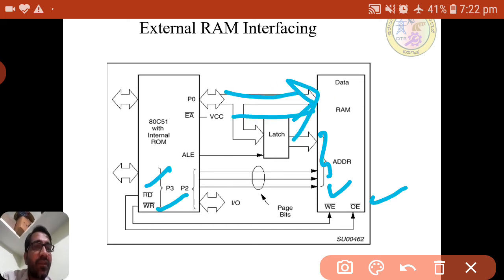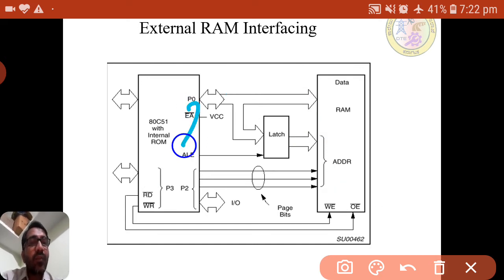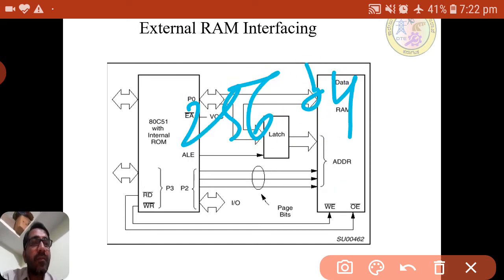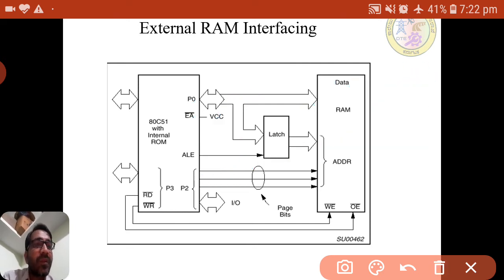P0 is enough. If you are interfacing with more than 256 bytes, then we need to use P2. That is the interface here.